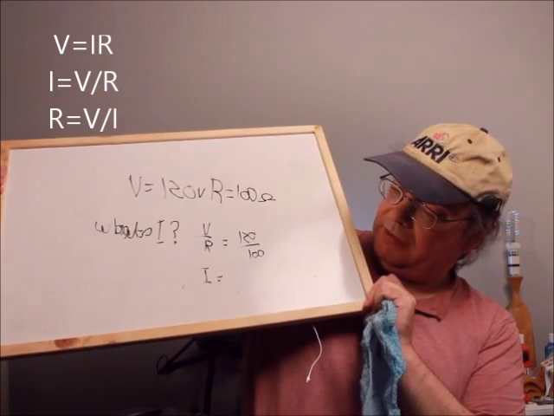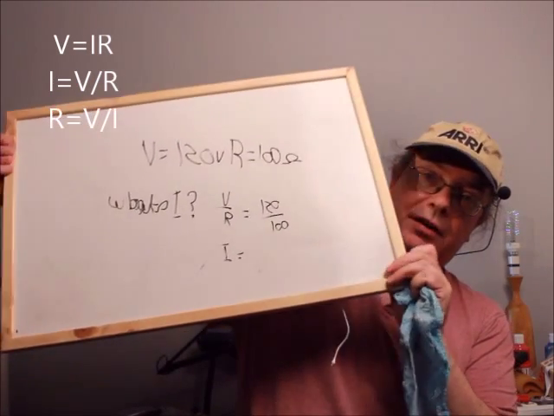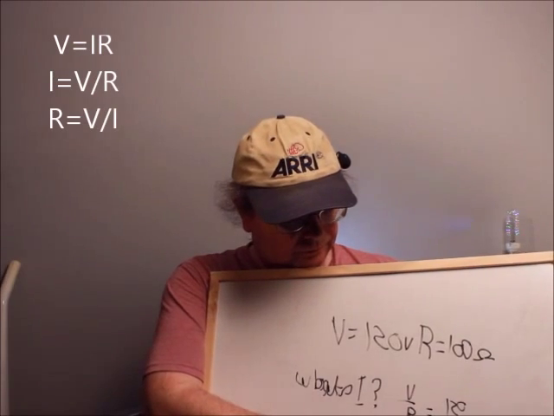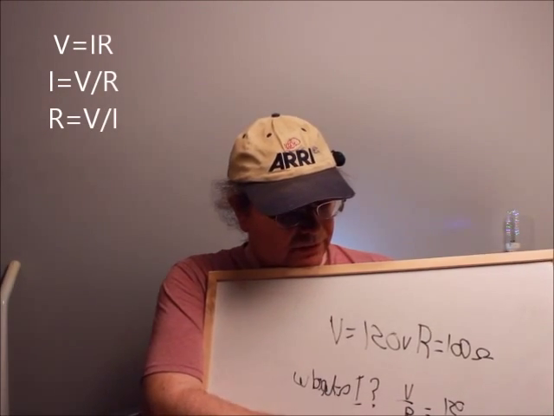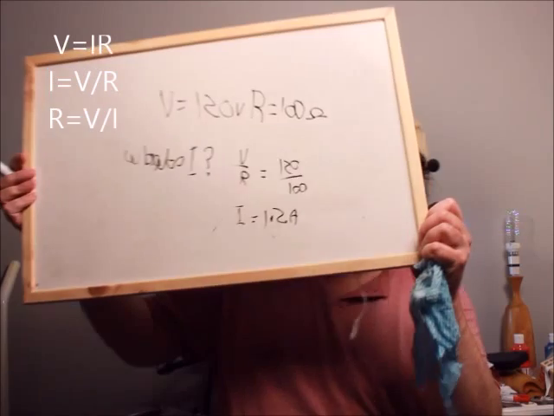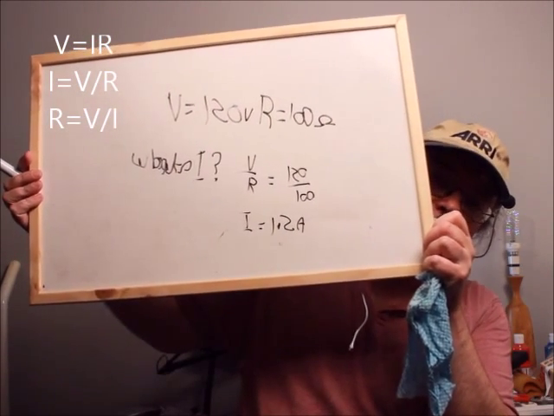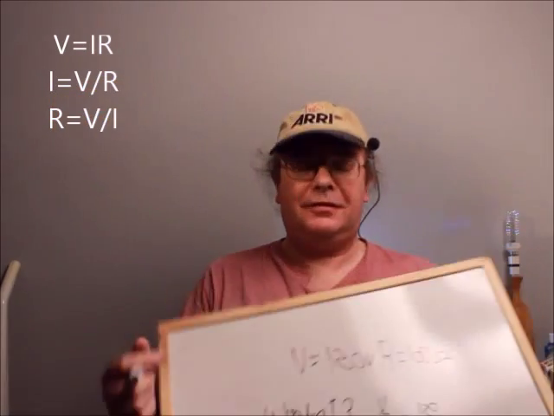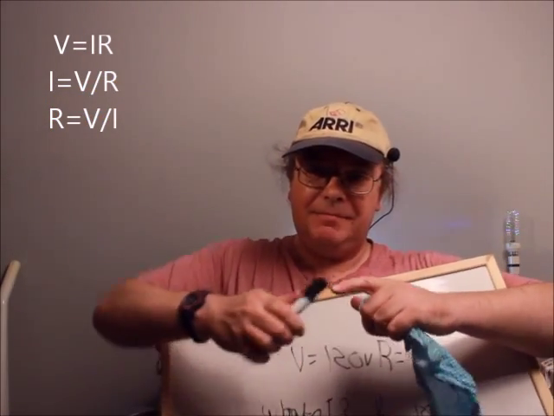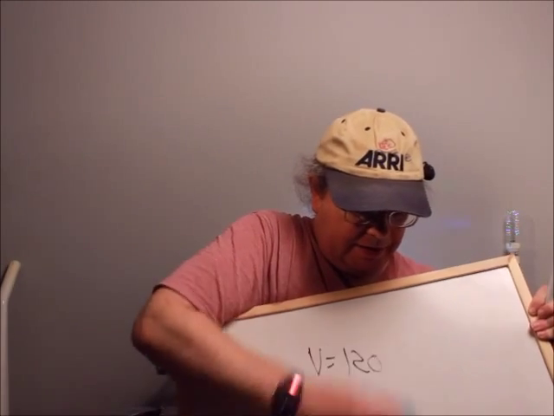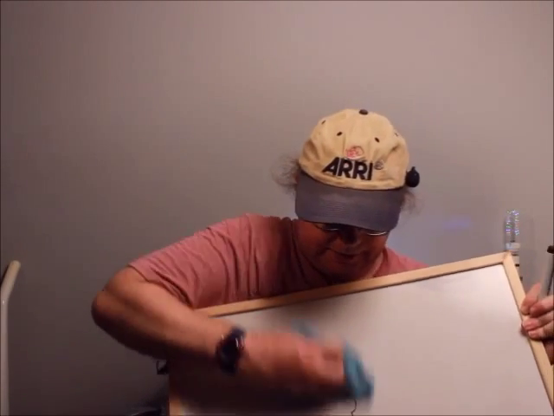I've forgotten what the question is now. 120 divided by 100. 1.2. 1.2 amps. That's 1.2 coulombs per second. Remember coulombs? It's that simple. And it's very important because you need to know what's going on in your circuits.